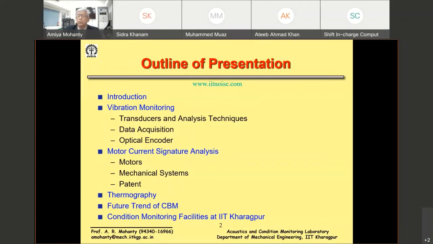But in the last 2 decades, this technique of motor current signature analysis has come up, and we at IIT Kharagpur were the pioneers. Somewhere around 1998, I discovered that this is possible. But when I looked into the literature, there is nothing novel in it; the physics says that yes, it is possible, but somehow people had not taken it to the level where it is in the present scenario. Having said that, it is not that I invented motor current signature analysis.